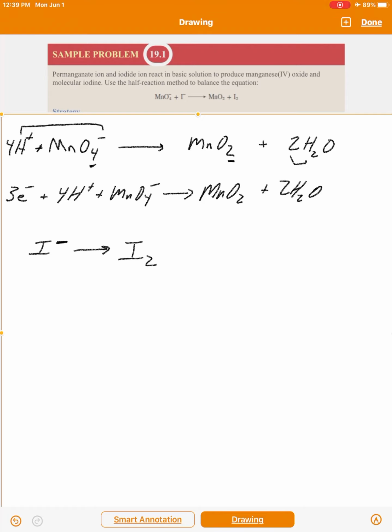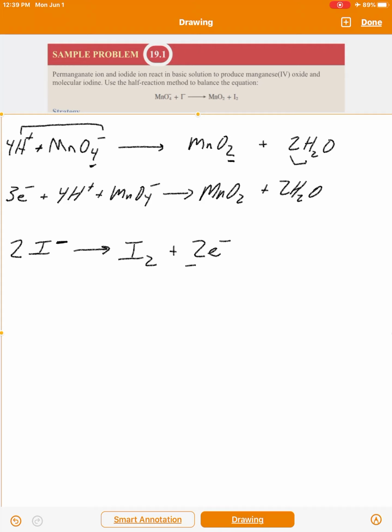There are 2 on the product side, but only 1 on the reactant side, so we put a 2. Then there's nothing else to balance. There's no oxygen or hydrogen. So now we just do the charge. There's 2 negatives on the reactant side, no negatives on the product side, so the product side's more positive. So we add 2 electrons over here. And now we've balanced the half reaction.